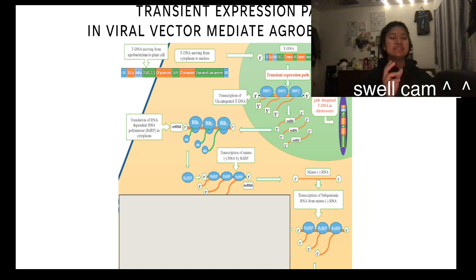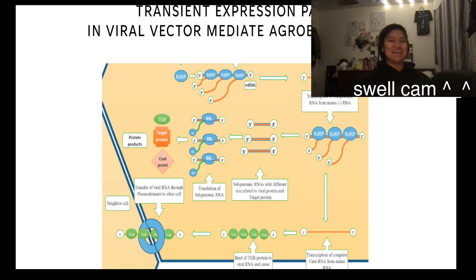Then these RDRPs are going to take the RNA strands from your transcription and produce minus RNA.